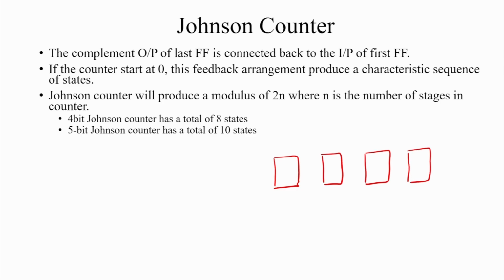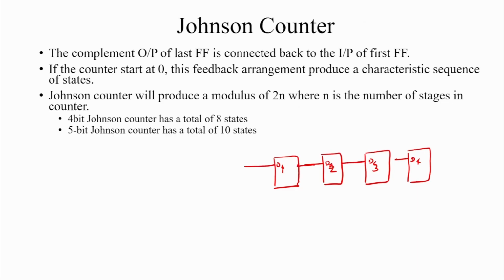Now in the cascade connection, suppose the flip flops are A, B, C, D, with inputs DA, DB, DC, and the fourth input, or D1, D2, D3 and D4. The output of this is connected to the input of this.